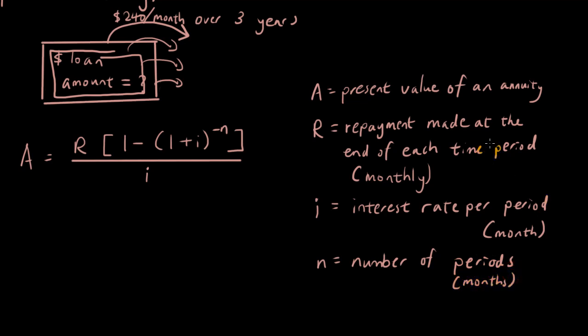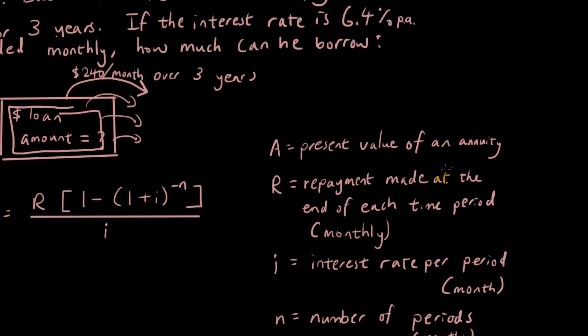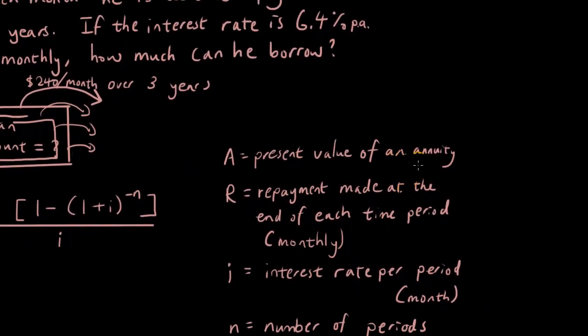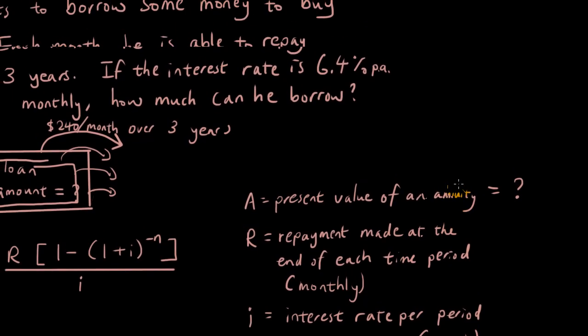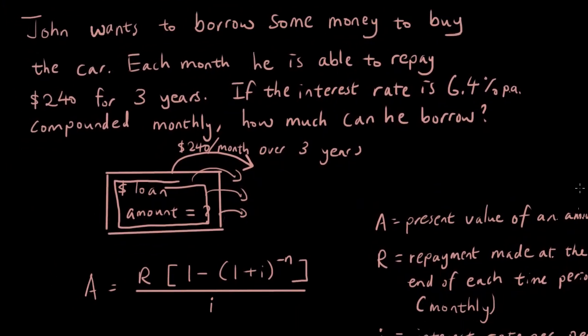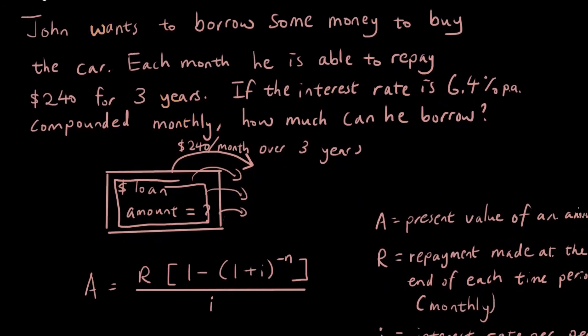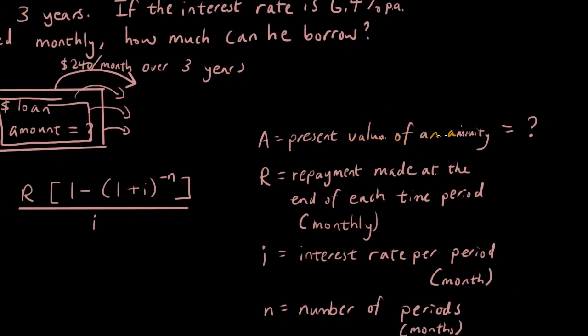So let's find the corresponding values from our question. A is what we want to calculate, so we have no idea what it is. Repayment made at the end of each time period is specified in the question as $240. So let's write that down. R is 240.